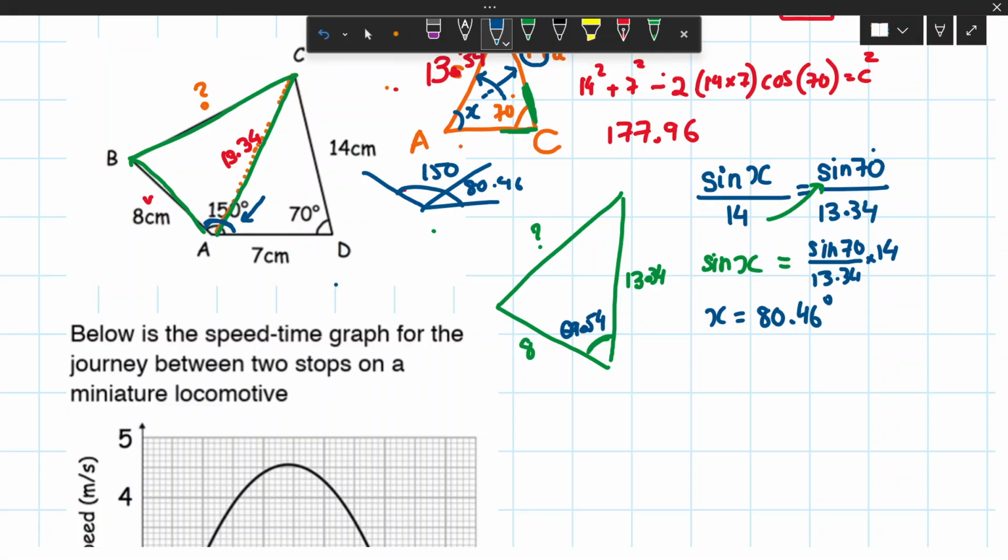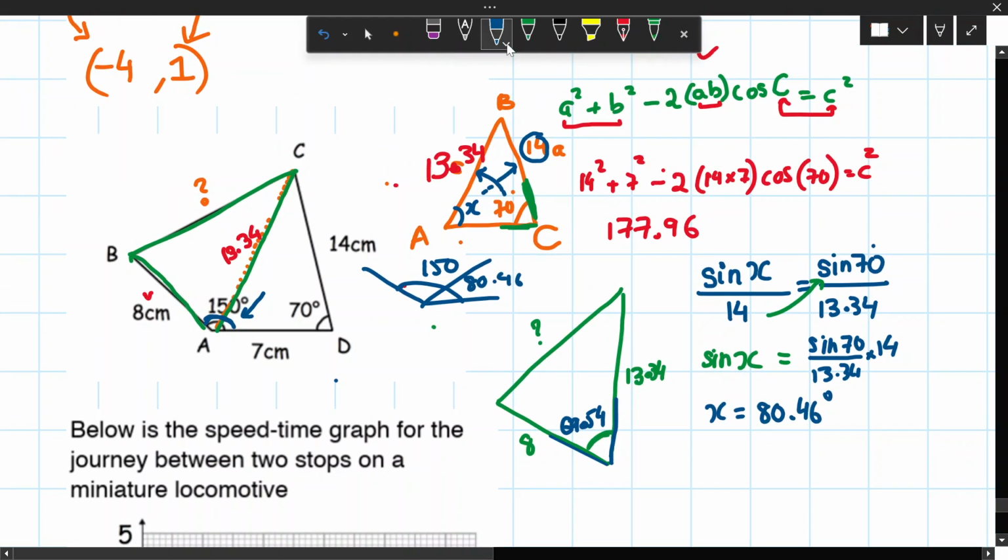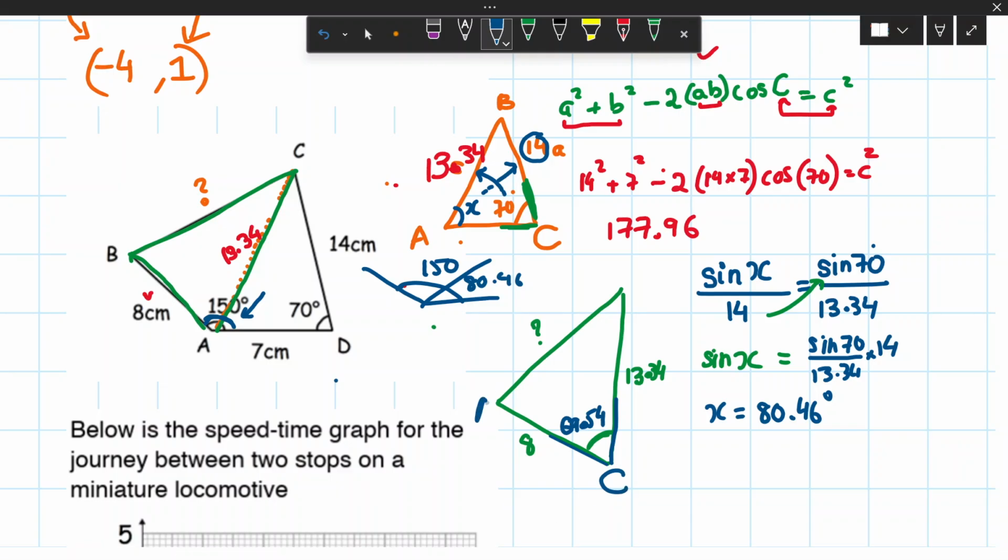That means I've got another triangle in which there is a trapped angle, and I can use the cosine rule again. I think I've written the formula at the top, haven't I? Yeah. So all I have to do now is rewrite A, B, and C. I always prefer the angle to be C, so I'm going to call this A, this B, which means the side opposite to this would be A, the side opposite to this would be B, and C is what I'm looking for.